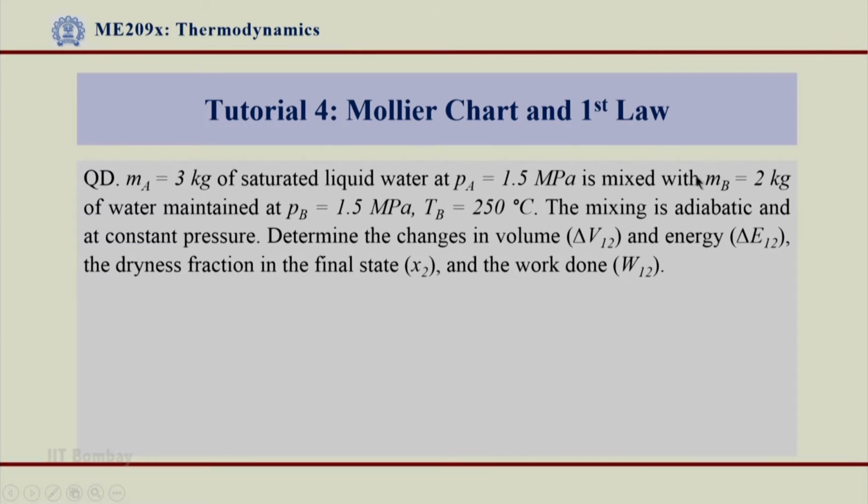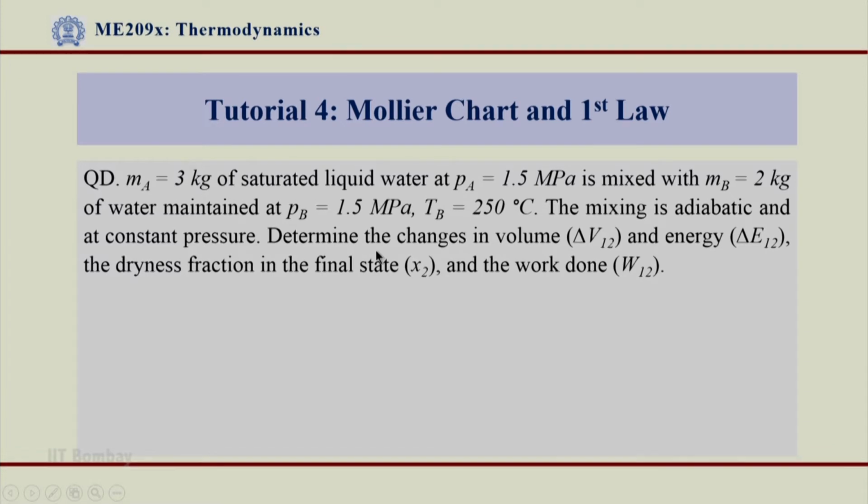This is mixed with state B, which is Mb at 2 kg mass of water maintained at some pressure and some temperature. So, we will have to first locate this state A and state B. These two states actually form my thermodynamic state 1. The process of mixing happens, which is an adiabatic process and takes place at constant pressure, because of which this thermodynamic system goes from state 1 to state 2, where it gets mixed together.